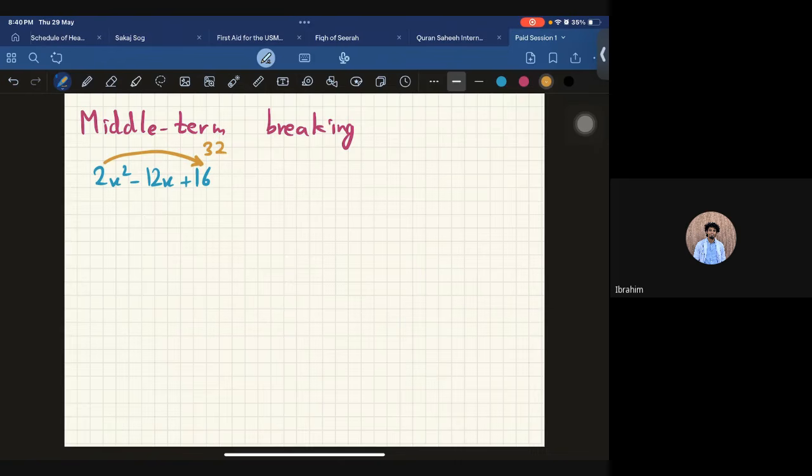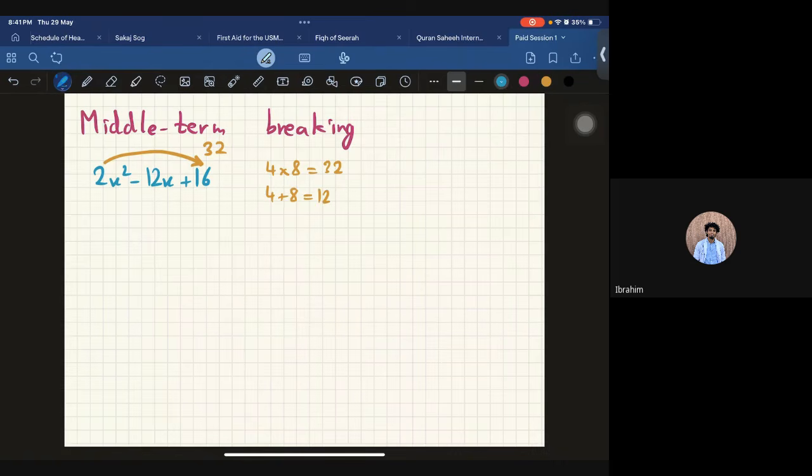Those numbers should be such that when they're added together, they add up to 12. So what did we do first? We multiplied the first and the last number. We need two numbers that multiply to this and add up to this. So in this case, if you think of 4 multiplied with 8, 4 multiplied with 8 is 32 and 4 plus 8 is 12, right?